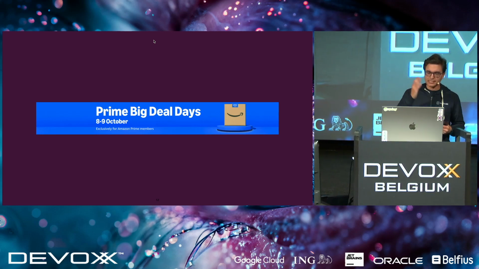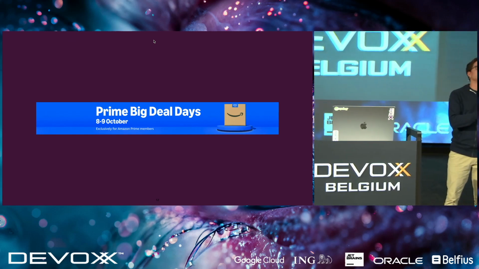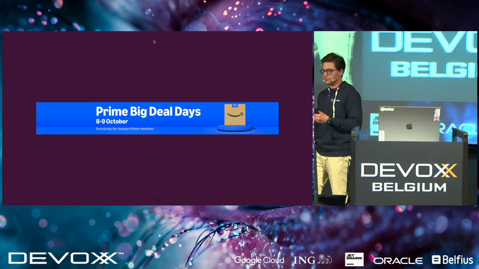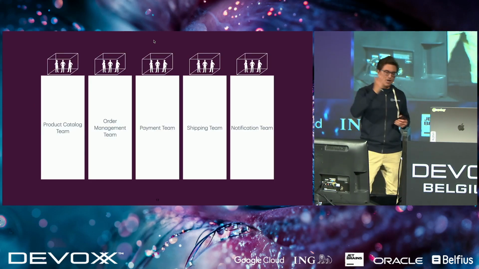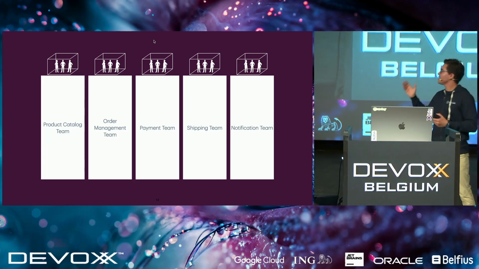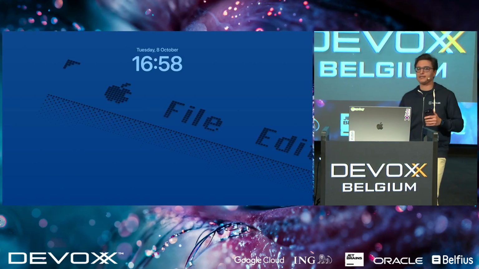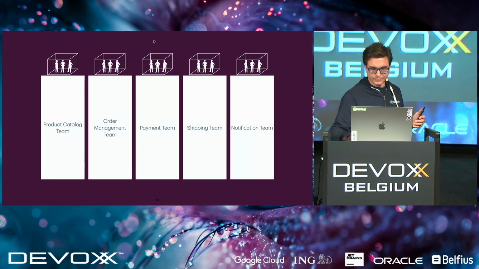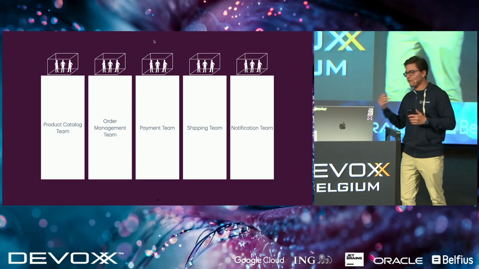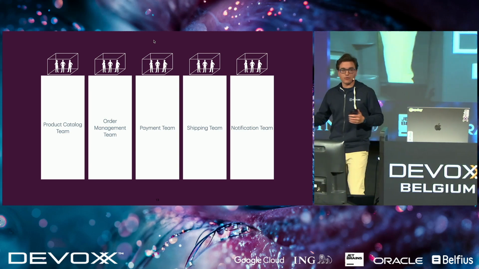So instead of separating people by specialization, so let's put all the front-enders together, all the back-enders together, all the people who work with databases together, and so on, they said, let's actually slice our business in vertical business lines, and get the specific people that are required to work in these parts of the system together so that they can evolve faster, move faster, update faster, and so on, and be more resilient.